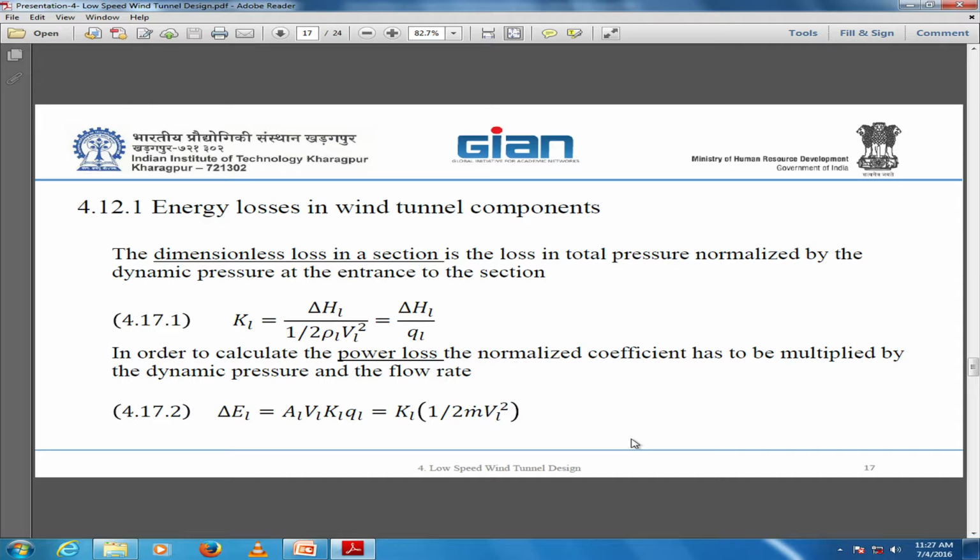The coefficient of non-dimensional loss is the head loss in that section, delta H_L local, over the local dynamic pressure.